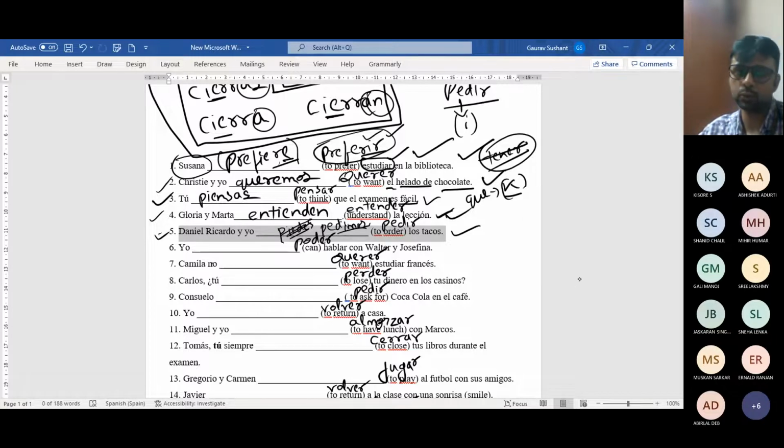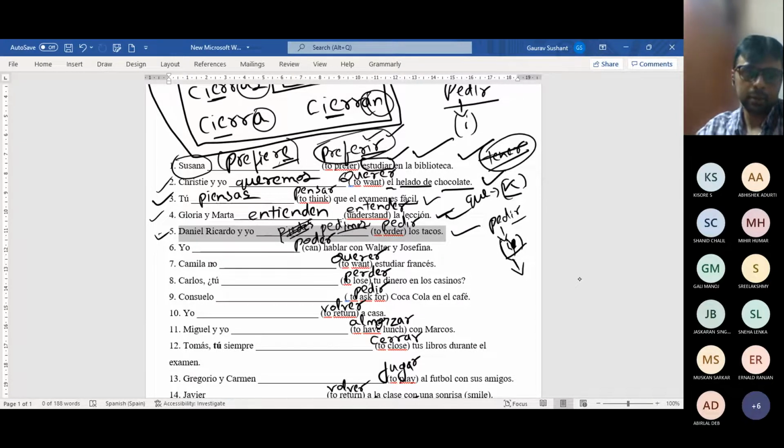Pedimos los tacos. Daniel Ricardo y yo pedimos. And another thing is, pedir is a stem changing verb. Stem changing means e changes to i. So if there was some other subject like yo, tú, or él, ella, then the e changes to i only, not ie. So it could be pido, pides, like that it will change.